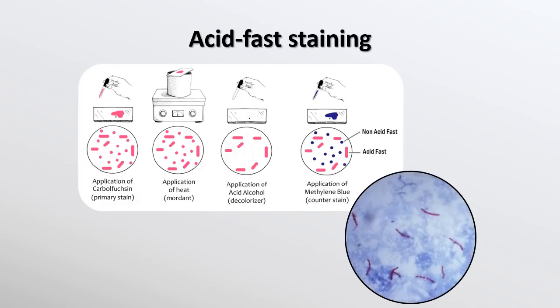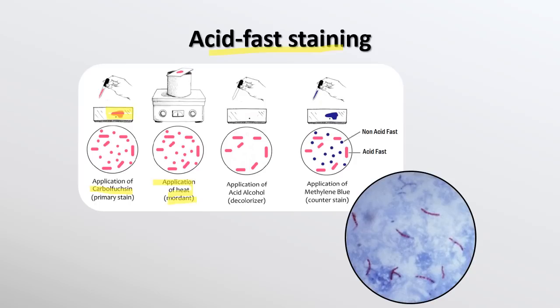Okay, this diagram shows the acid-fast staining. Once you have the smear, we put on the carbol fuchsin. Carbol fuchsin functions as the primary stain, which means all the cells will be stained red in color. After that, we heat the slides, and the heat functions as a mordant to fix the carbol fuchsin into the cells.